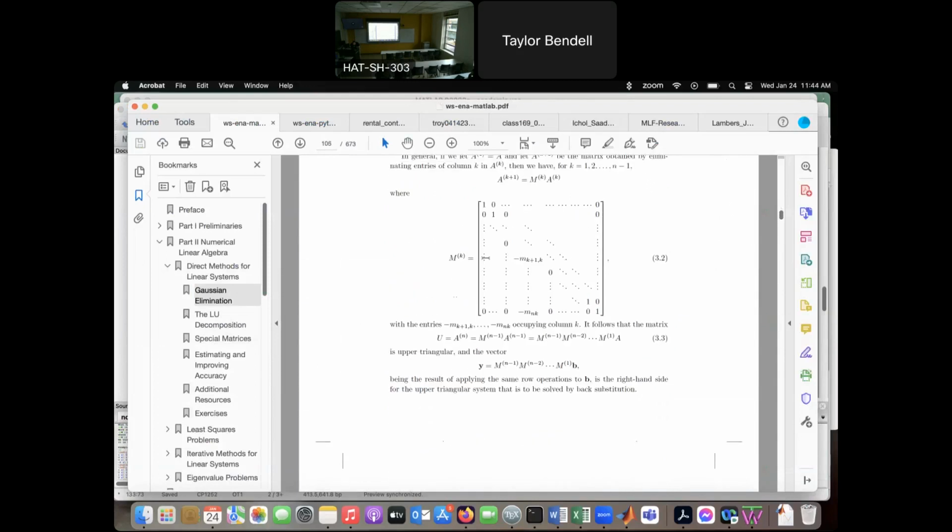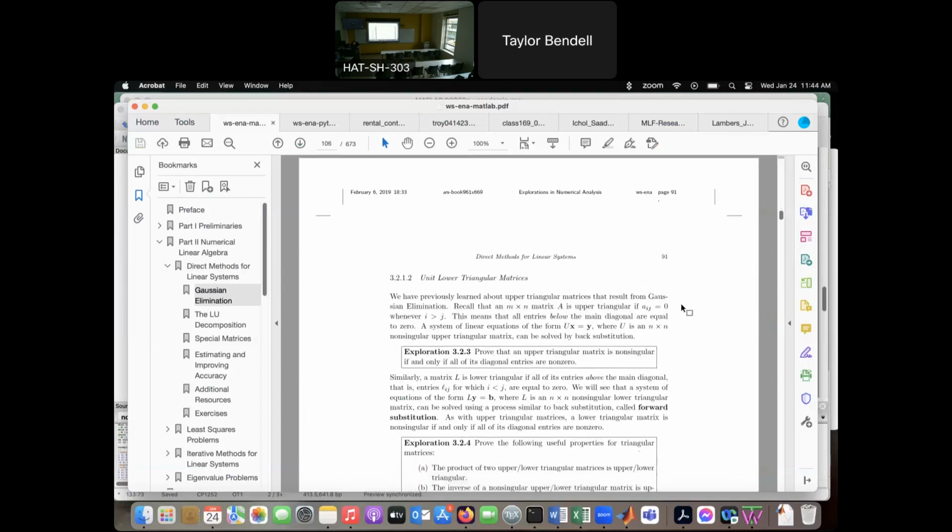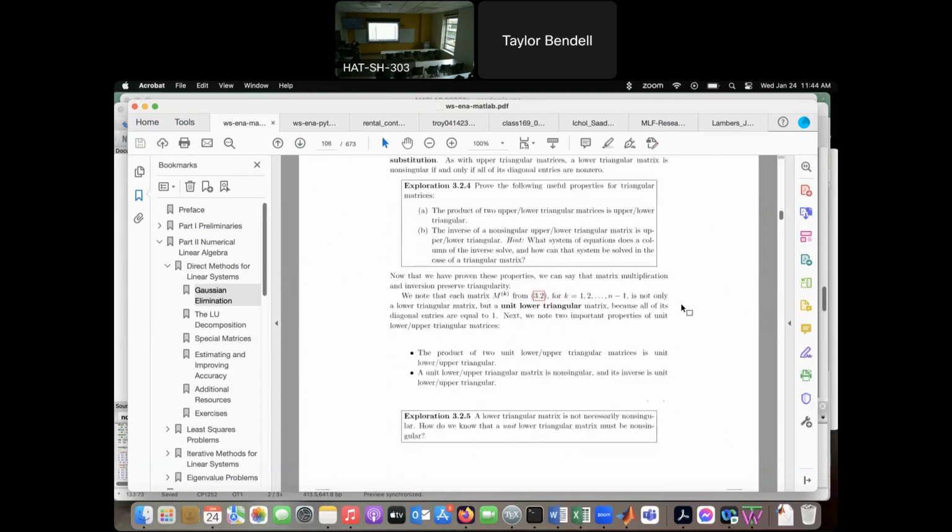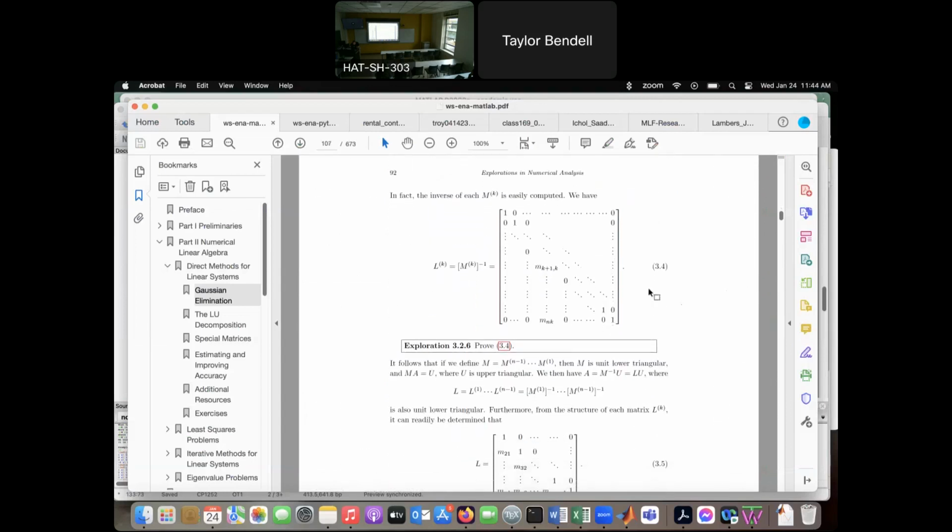Okay. Yeah, this is what one of the M's looks like in general, where you have the negated multipliers sitting below the diagonal, and you have ones on the diagonal. Everything else is 0. And then the inverse is the same thing, except the negatives are gone.